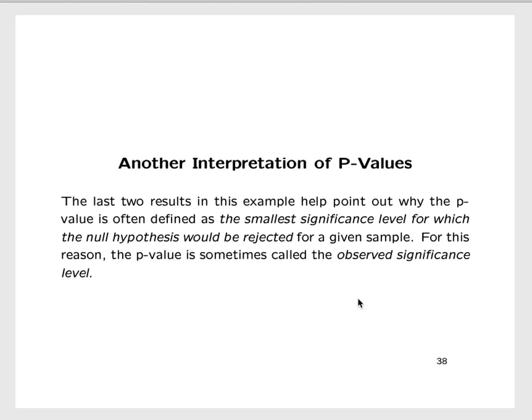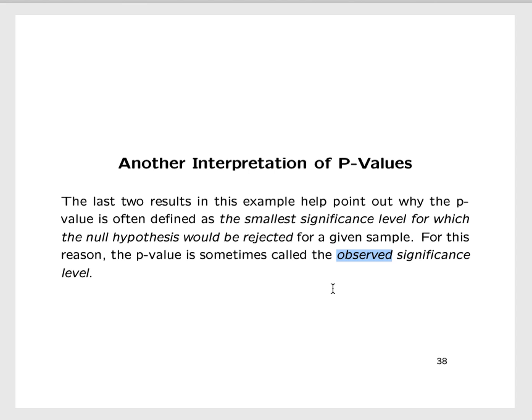But the problem is that in many research articles, instead of calling the p-value the observed significance level, they will drop the word observed and just call it the significance level. And that can be confusing because, again, the p-value is different than the significance level.